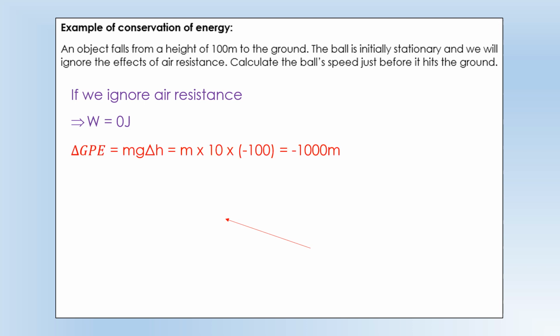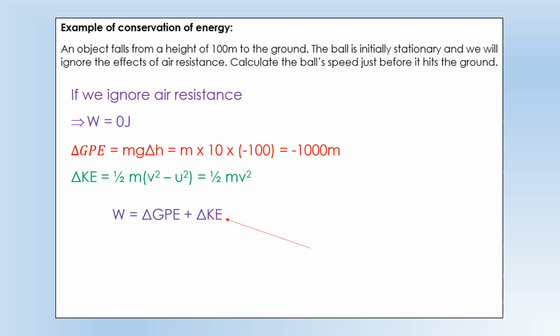The change in gravitational potential energy is going to be mg delta h, and it says we're going to go downwards by 100 meters. So the height change is going to be a negative number, so we get minus 1000 m. The change in kinetic energy is just going to be half mv squared, because they're told the initial speed is 0, so u is 0.